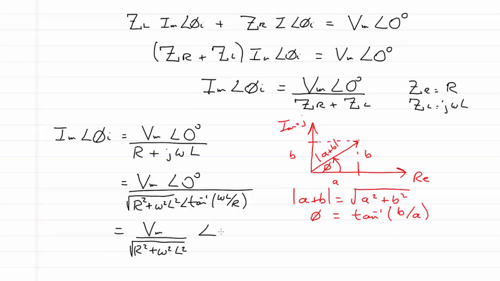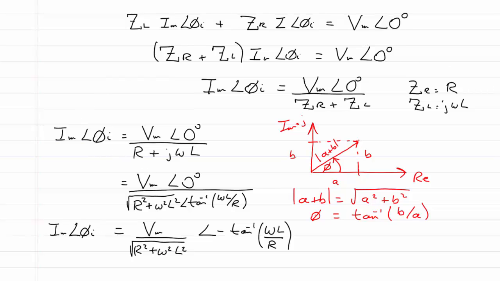And remember, when I divide by angles, if these are in polar form, they'll be exponentials, so I simply subtract the angles, and I get minus tan to the minus 1 of omega L over R. And this now is the magnitude and the angle of our current in the phasor domain.